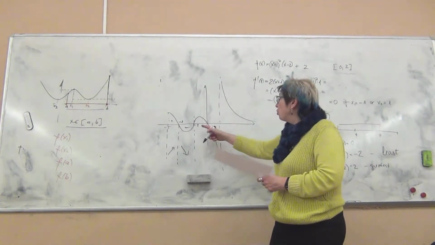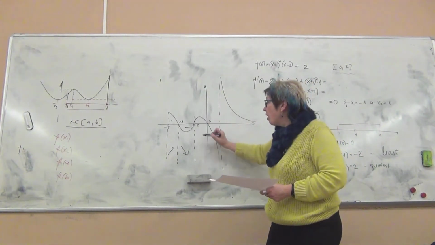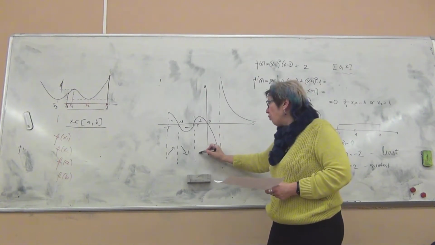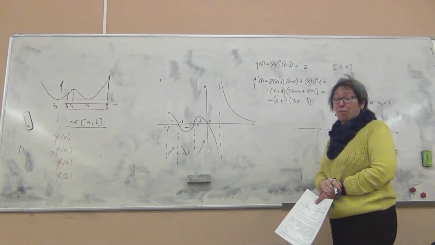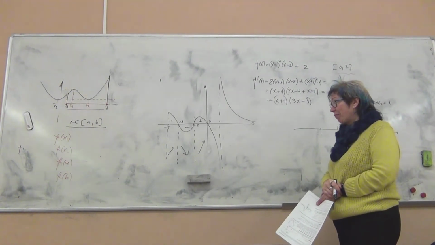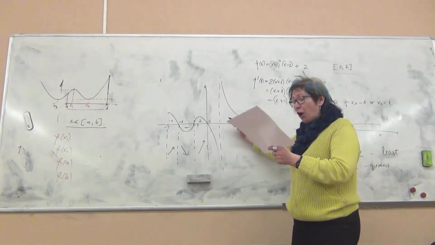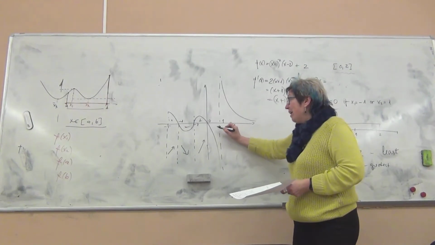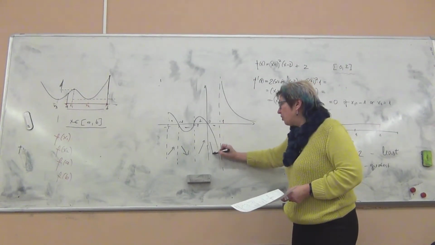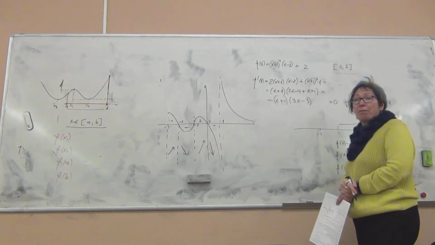Now, from -2 to 0, again, the derivative is positive, which means the original function would be increasing. Between 0 and 1, the derivative is negative, which means the original function is decreasing.